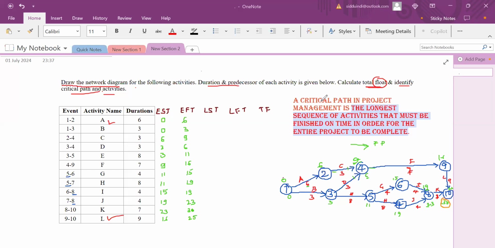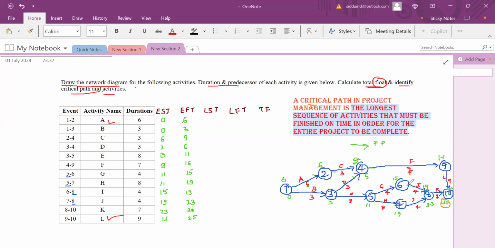See, the critical path is nothing but the longest sequence of activities, which means whenever we have sequences of activities, like 1, 2, 4, 9, 9, 10, 5 to 6, 6 to 8, 8 to 9, 1 to 3, 3 to 5, 5 to 7, 7 to 8, 8 to 10.